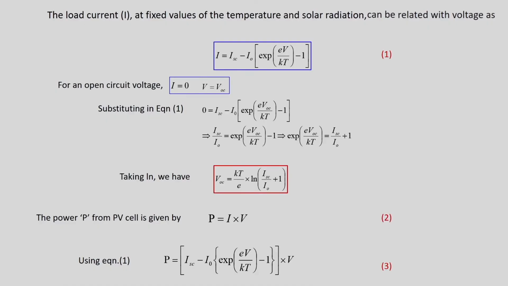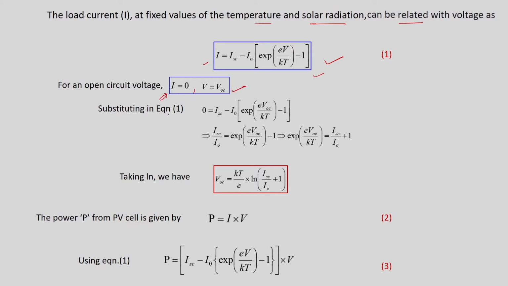The load current at fixed values of temperature and solar radiation can be related with voltage. So, I is related with voltage by this expression which is already defined: I is equal to ISC minus I naught times exponential of eV by kT minus 1. As we know, for open circuit voltage I is 0, so V is equal to VOC.